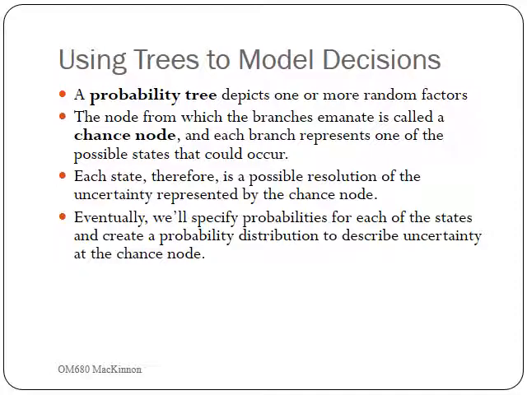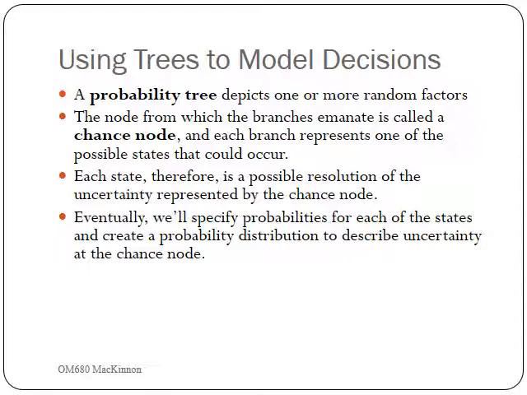So the problem with payoff tables is that if they get much bigger, they can get a little unwieldy and confusing. So we can take that same information and model it using a probability tree.